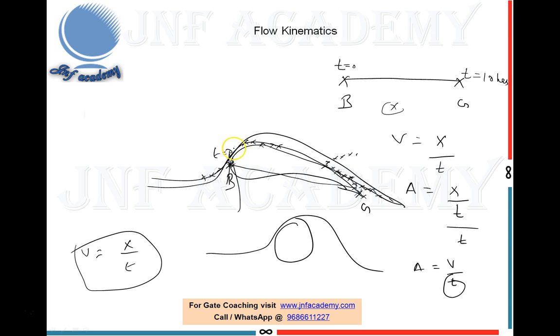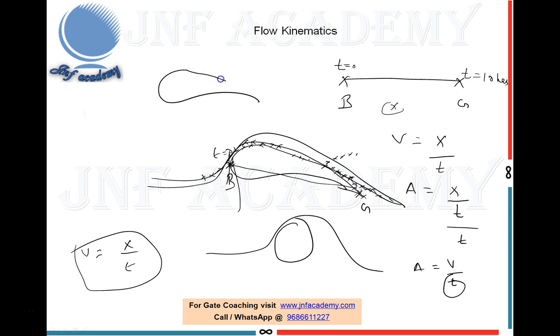The fluid particle will get accelerated at every point, and after some time it will get decelerated at every point. That effect will not be taken into account, which means the velocity is not just a function of time alone for a fluid particle, it is also a function of space.